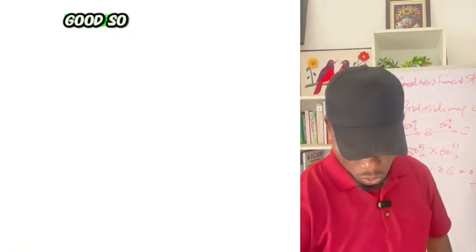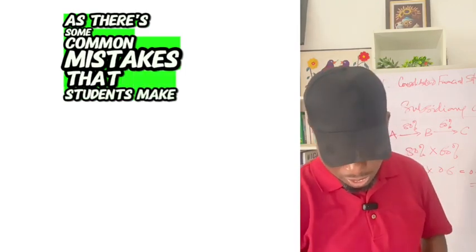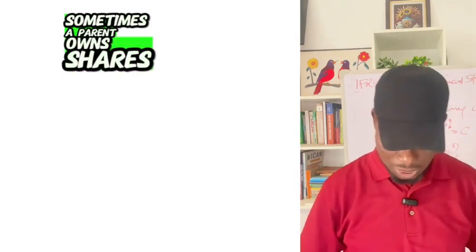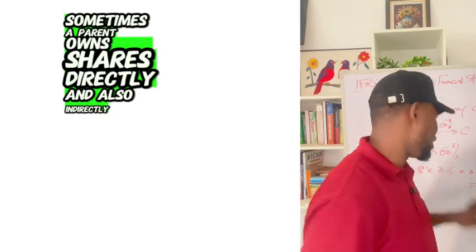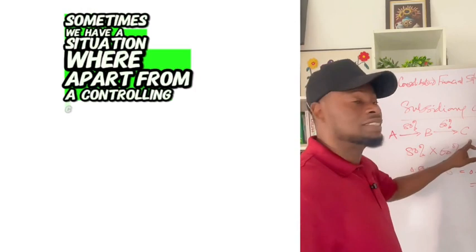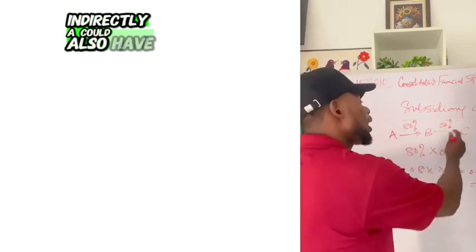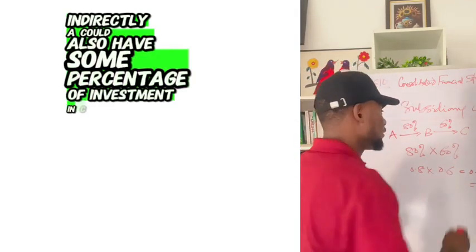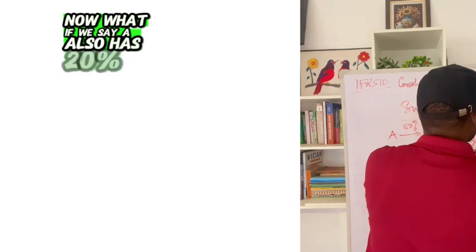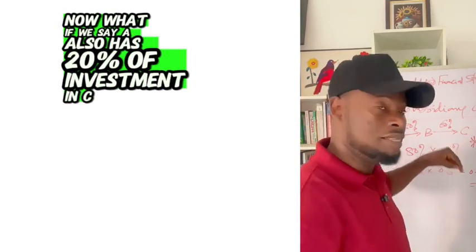Good. So to summarize this, there's some common mistakes that students make. When there's direct and indirect combined ownership, sometimes the parent owns shares directly and also indirectly. Sometimes we have a situation where, apart from A controlling C indirectly, A could also have some percentage of investment in C. Now, what if we say A also has 20% of investment in C directly?